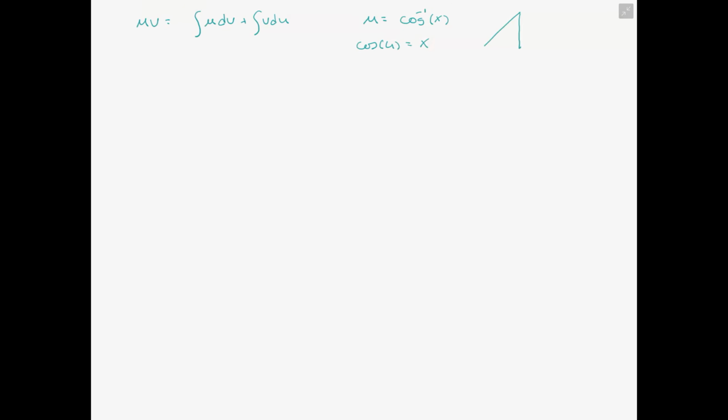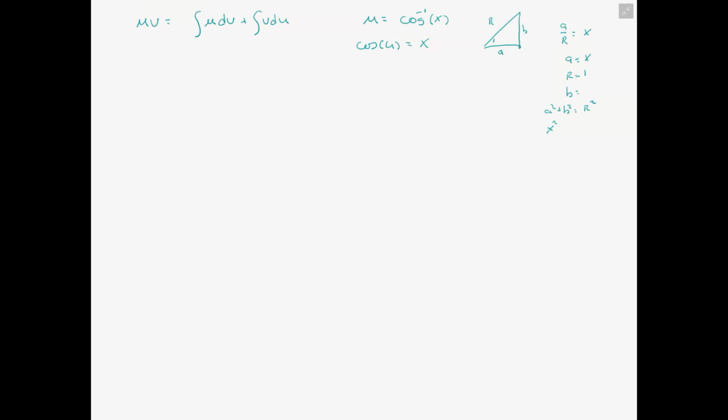That means if we draw our right triangle, we have r, a, b, and r equals 1, a equals x, and a squared plus b squared equals r squared.